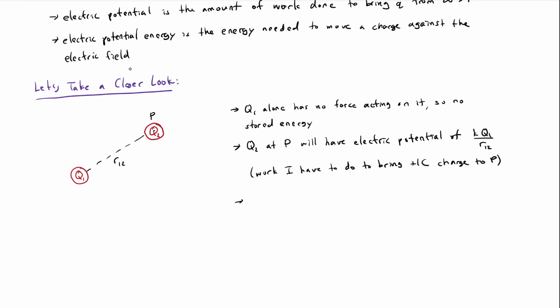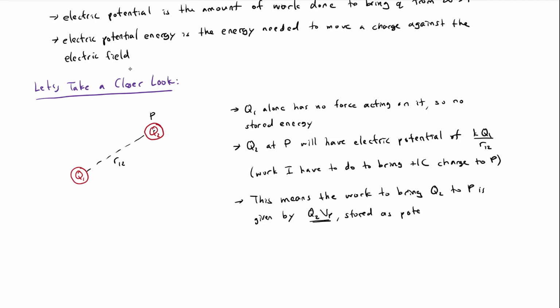So what does this mean? This means that the work to bring Q2 to P is given by Q2 times Vp, stored as potential energy.